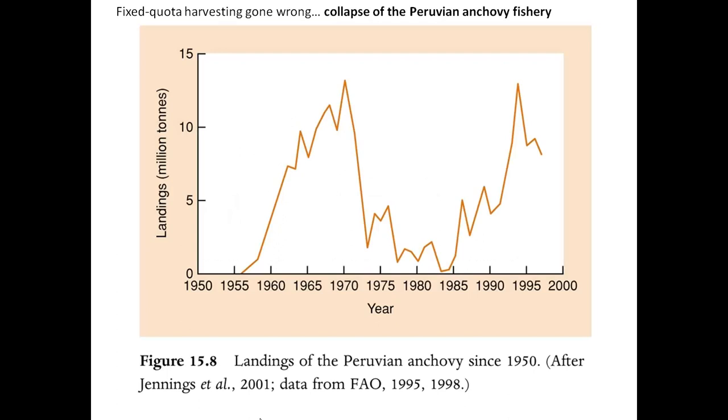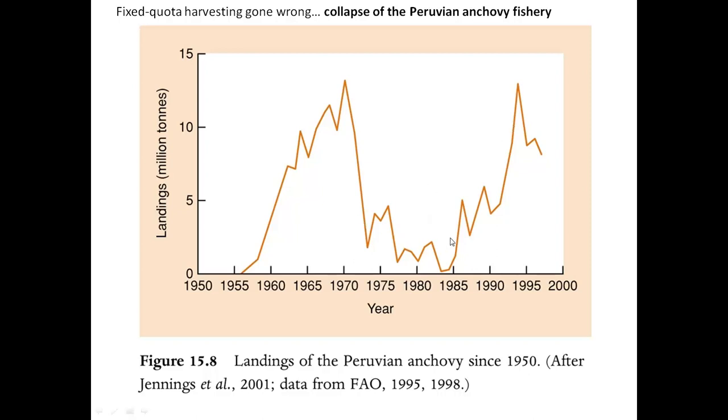So here is one example. This is the Peruvian anchovy fishery, and this is landings in millions of tons. Okay, so you can see through time, initially what happened is that the fishing harvest increased, perhaps because the population size was great, but then we had this crash and collapse of the fishery in the 1970s because the rate of harvest exceeded the rate at which this population could actually sustain.